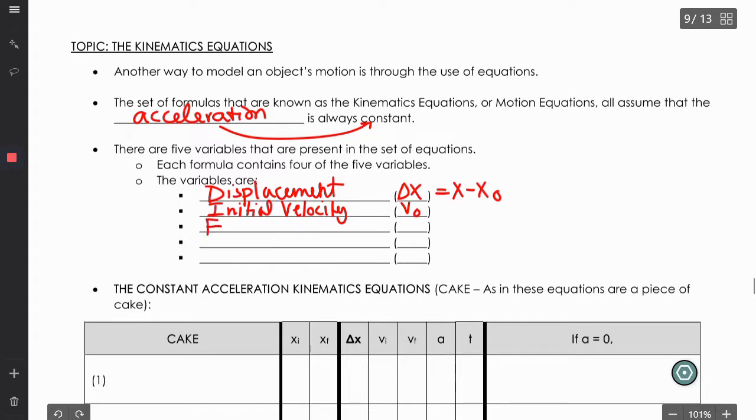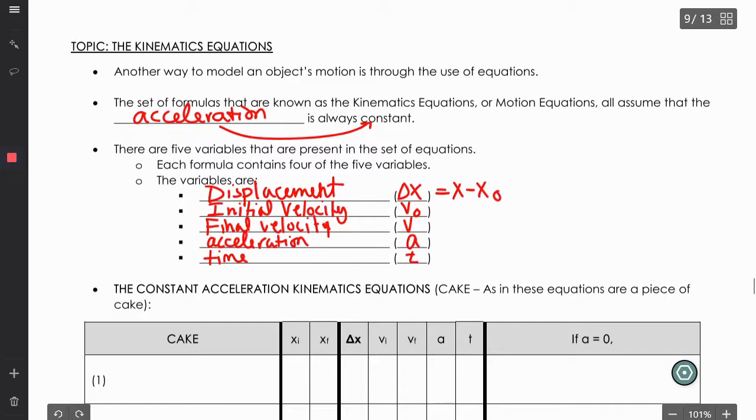You'll have final velocity. These are 2 separate variables in the equations, and final velocity is represented by v. Then you have acceleration, which is a, and the final one, which is time.